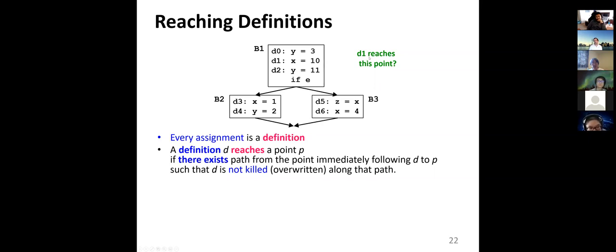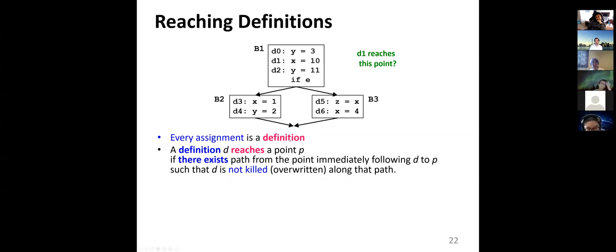So you can ask the question like whether D1 reaches this point. The point can be here, here, here, anywhere, like the beginning of the basic block. This is a question I might be willing to ask using data flow analysis: whether the definition D1 is available at any point in the program I care about.